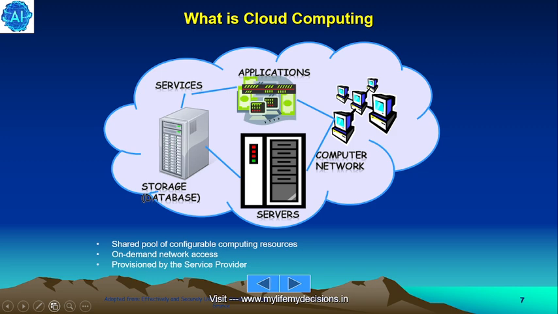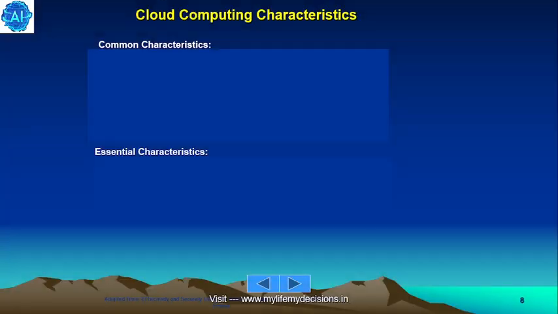That means the role of the service provider becomes very important because he is the backbone, the main company or the individual who is taking care of all these computing facilities.